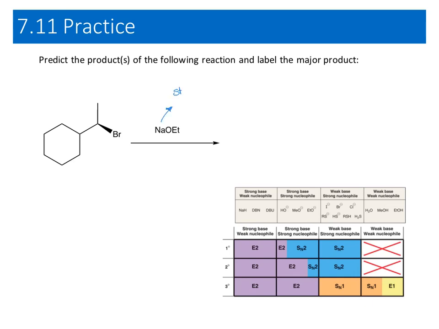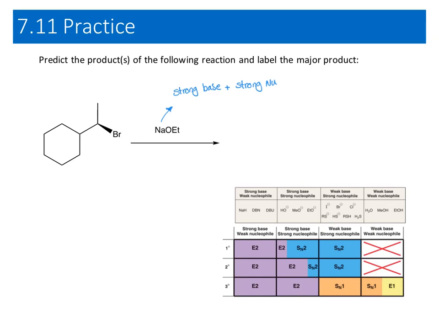Now with a strong base and strong nucleophile, either E2 or SN2 can happen with primary and secondary substrates, and with a tertiary substrate we only have E2 product.